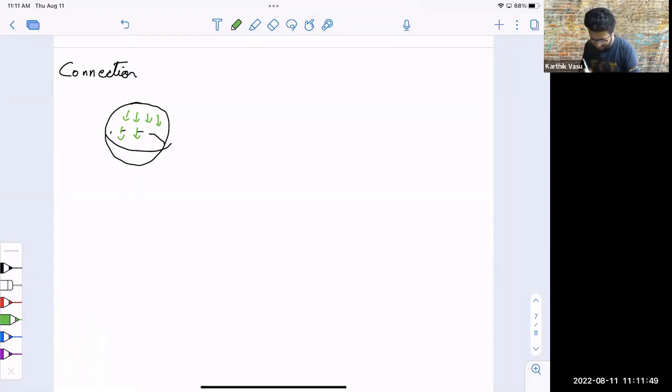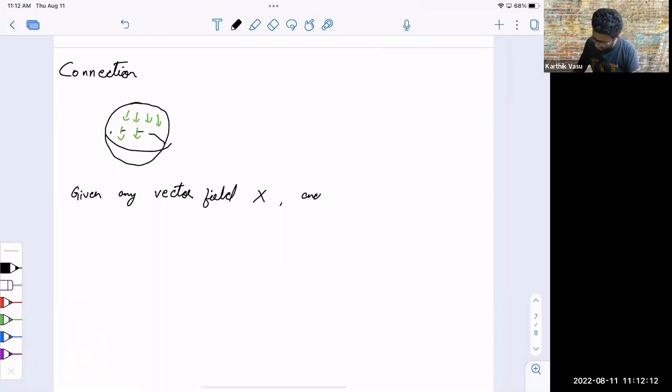Okay, so given any vector field X, let's just say that X is a vector field, and f is a C infinity function. Then we can differentiate.